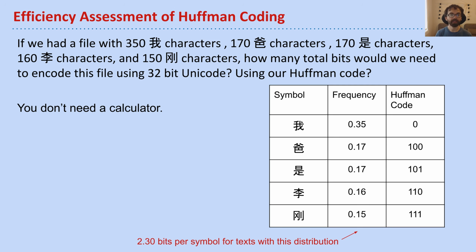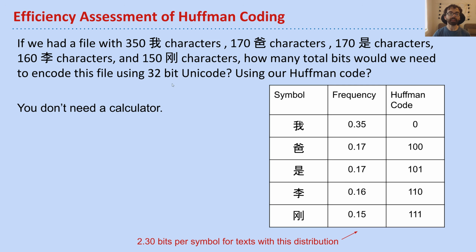To that point, let's imagine that we have a file that has 350 of this character, 170 of this, 170 of this, and so forth. How many total bits would we need to encode this file if we were using what's known as 32-bit Unicode? As we said earlier, English text is often represented as 8 bits per character, but with Chinese, we need a bigger character set because 8 bits is not enough.